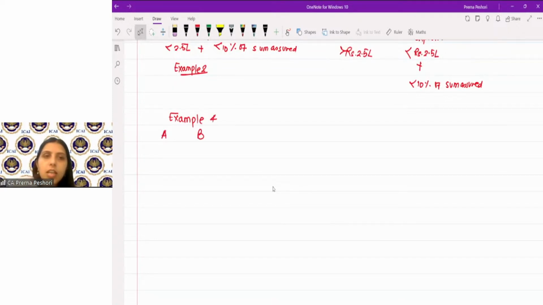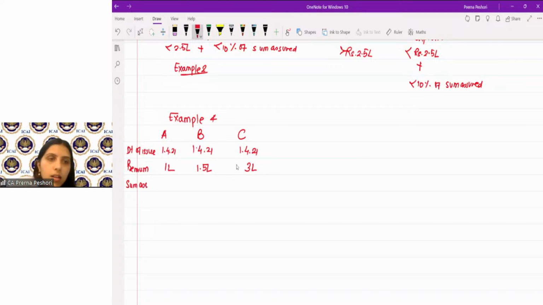Example 4. We have 3 ULIPs taken during the year. Date of issue is 1/4/21 for all three. Annual premium is 1 lakh, 1.5 lakhs, and 3 lakhs. Sum assured is 10 lakhs, 15 lakhs, and 30 lakhs.